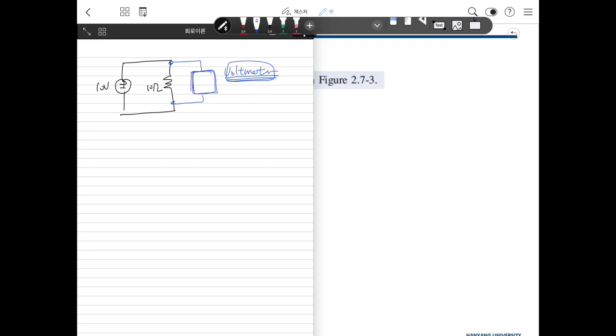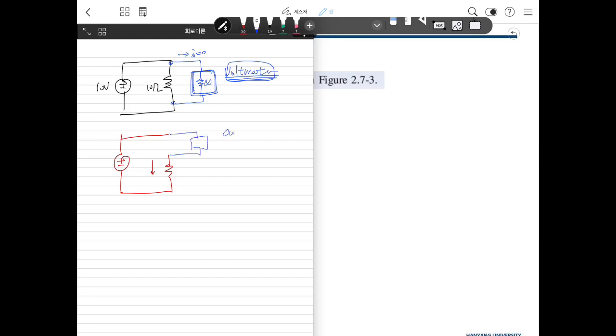Without the measurement, I mean the current flow should be 0. So that means the measurement unit is an infinite resistor. Then if we measure the current through this R, some unit can be connected this way.